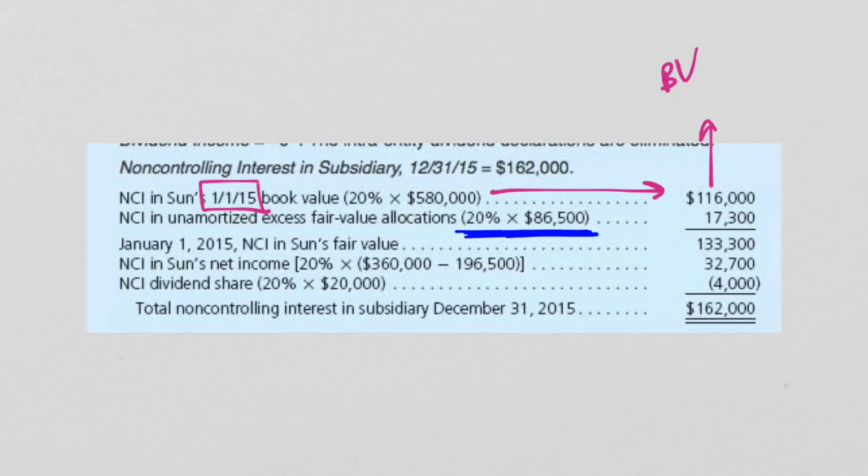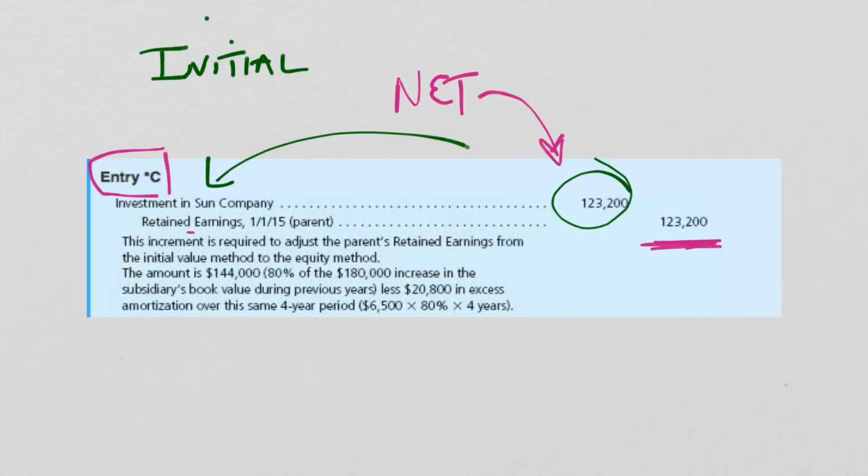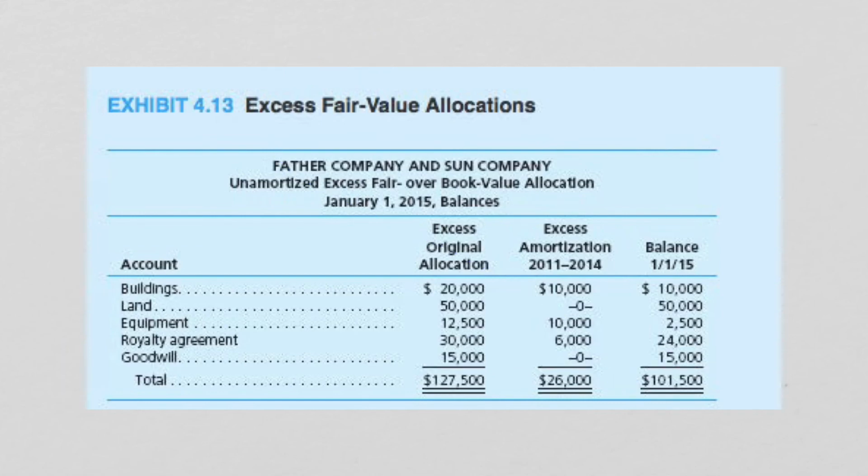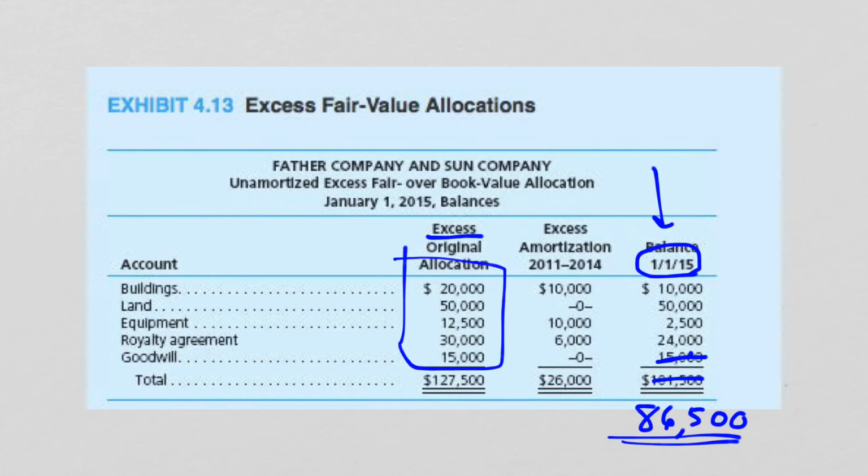What is it that we're talking about? Again, let me describe it this way. This slide shows you, if you take out this, you get 86.5. That means at this point in time, 1/1/15, the balance sheet on a consolidated basis should have an increase in assets by 86,500. Remember, this is the excess amortization and the excess amount of value. After the amortization, we started with this number, but after the amortization over here, we should have this.